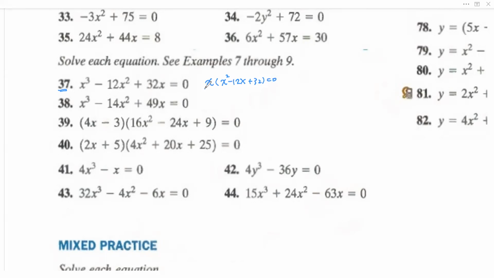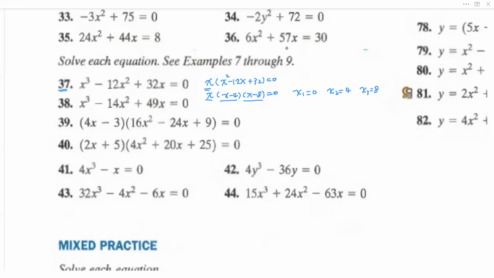So this is the common factor part. The rest we can continue factoring, right? So this one became -4, -8. So first factor, second factor, third factor equals 0. So we get 3 solutions. First solution is 0. Second solution is 4. Third solution is 8. Right?